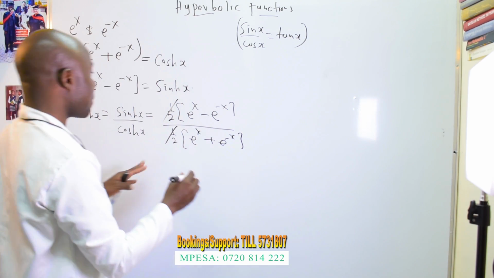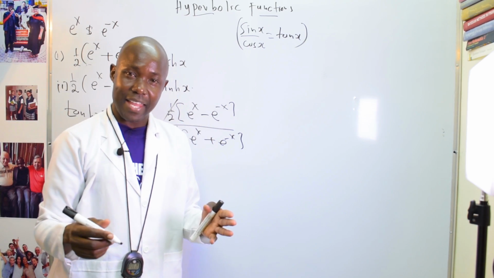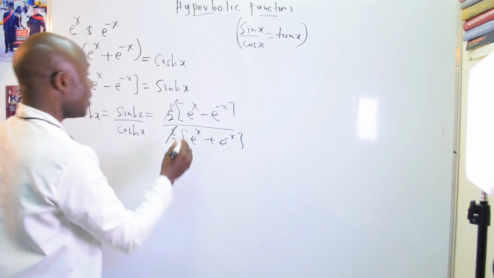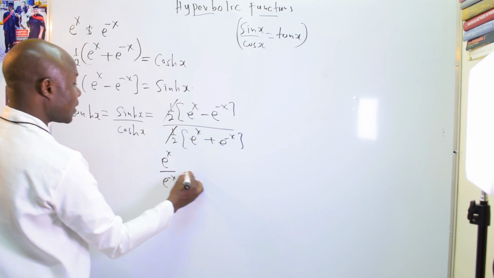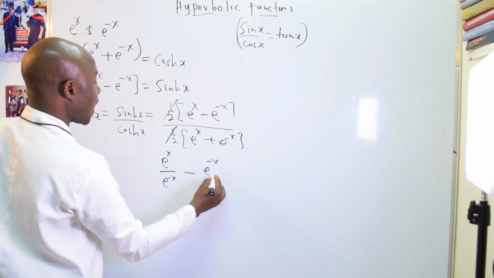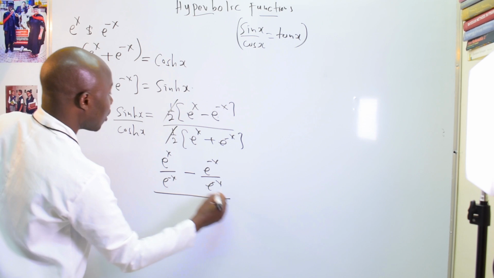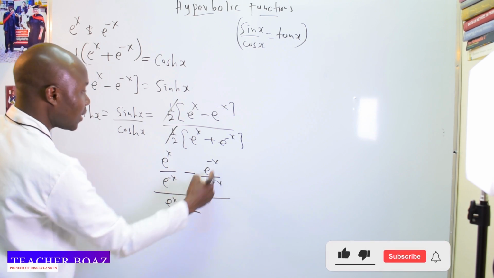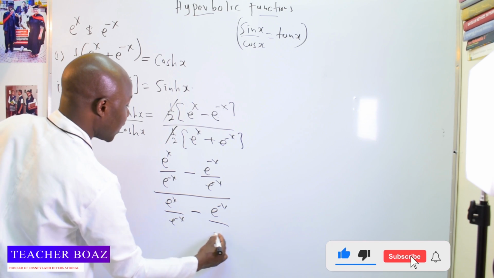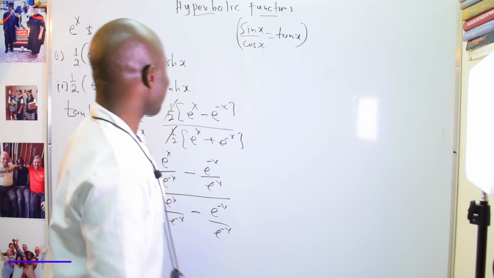Okay? Then at that particular concept, we can divide everything in that by e negative x. So if I take the e^x here, divide by e negative x, then I take this e negative x over e negative x, that is the upper part. Then the lower part, I take also the e power x over e negative x, then e negative x divided by e negative x. We are dividing everything by e negative x.